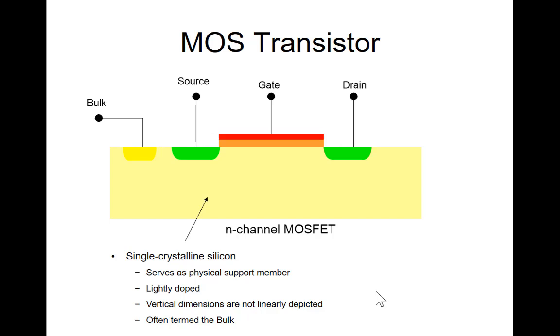It's proportionally wrong. For example, the wafer thickness is in the hundreds of microns range, 300 micron, 250 micron, depending on which process you use. So this thickness here is on the order of hundreds of microns, whereas this thickness here, the oxide below the gate, is only on the order of 10 nanometers. So this is 10,000 times more than this one.